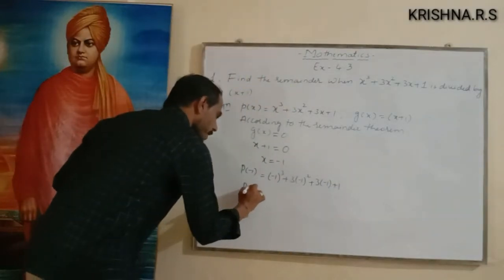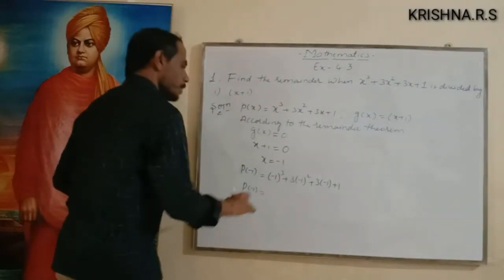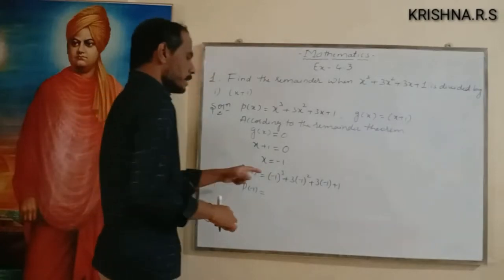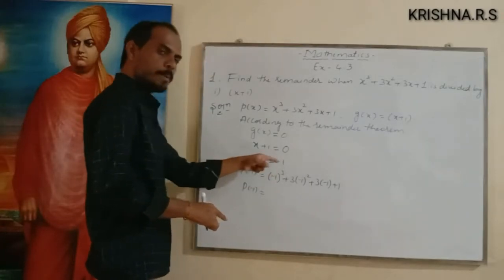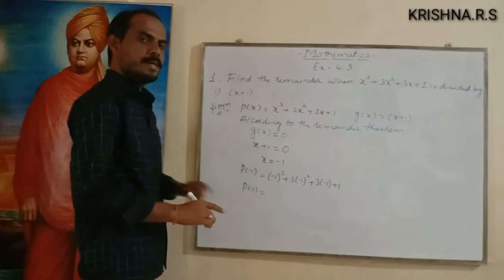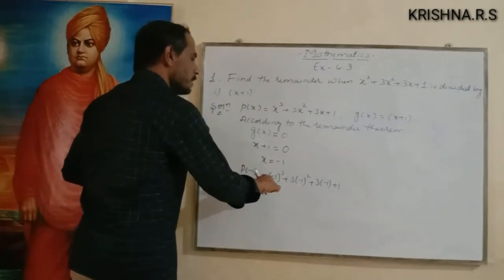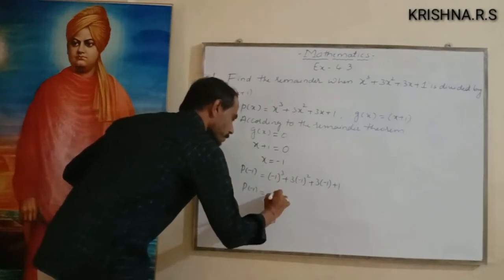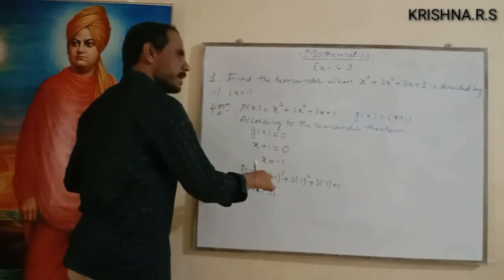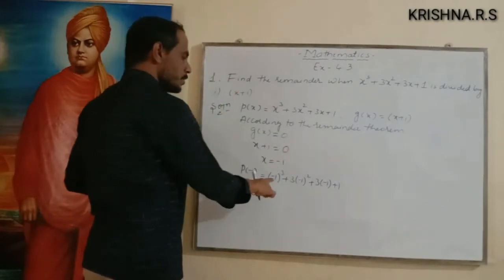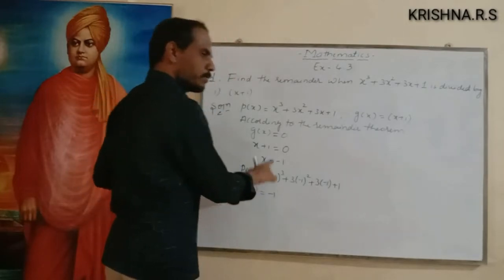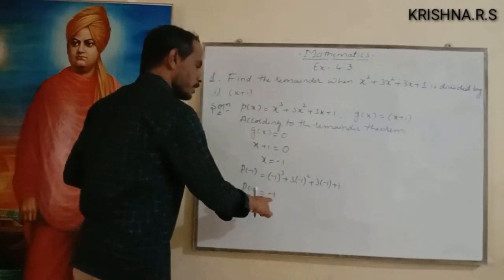Okay, P of minus 1 is equal to minus 1 cube. A negative integer to an odd power is always negative. Minus 1 to the power of 3 is nothing but minus 1 only. Minus into minus is minus. 1 into 1 into 1, 1 only.